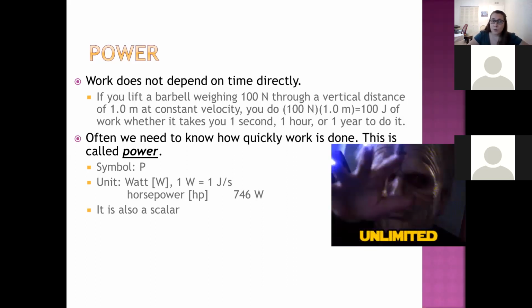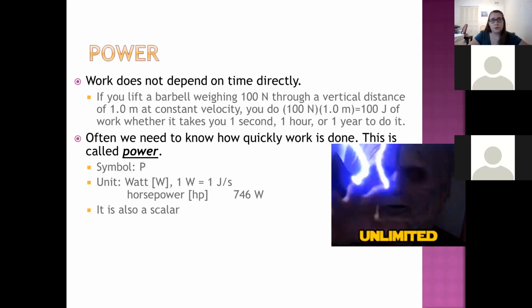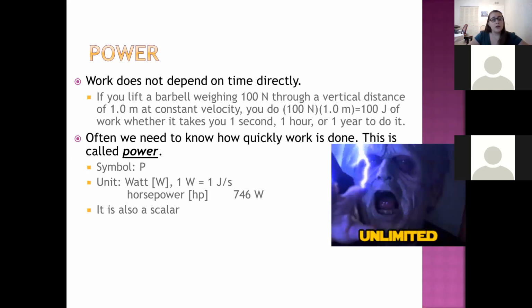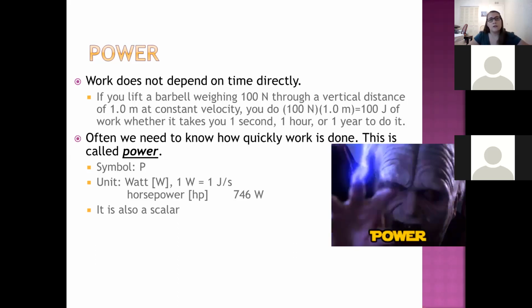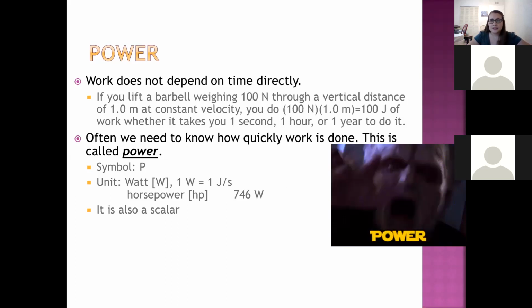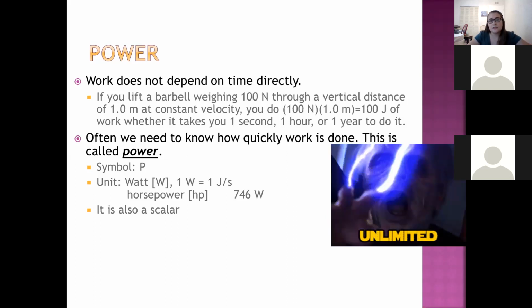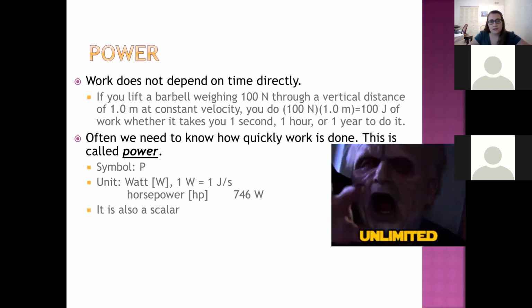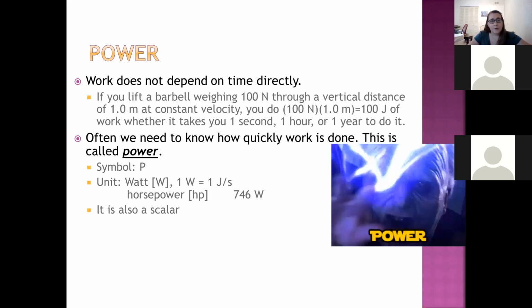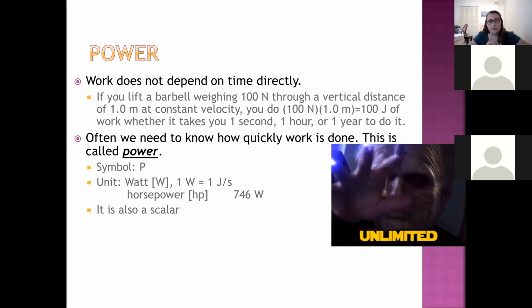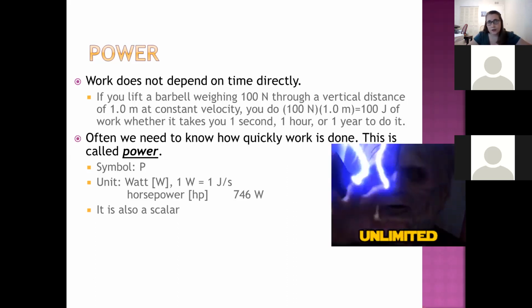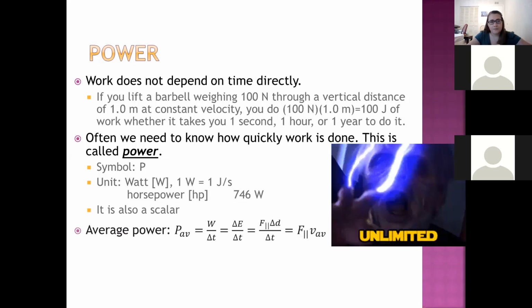But regardless, 1 watt is 1 joule per second. We can also sometimes use the unit of horsepower, which is HP, and that's equal to 746 watts. Power, just like work, is also a scalar. So there's no direction associated with power.